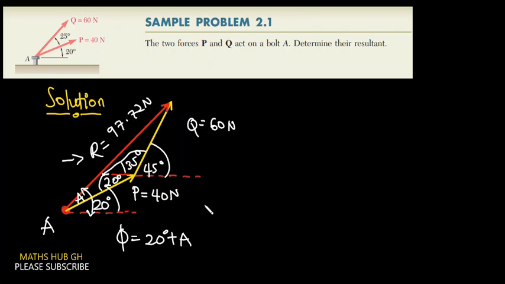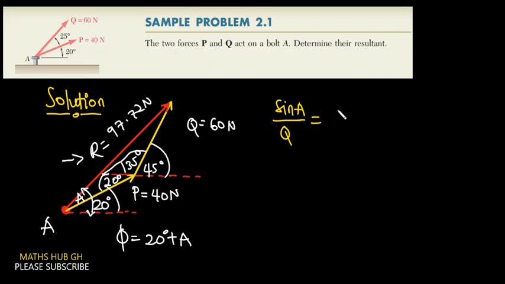In applying the sine rule, because we know the value of the side opposite to angle A, which is Q, we can use that value in addition to the resultant force, because we know the angle opposite to the resultant force.